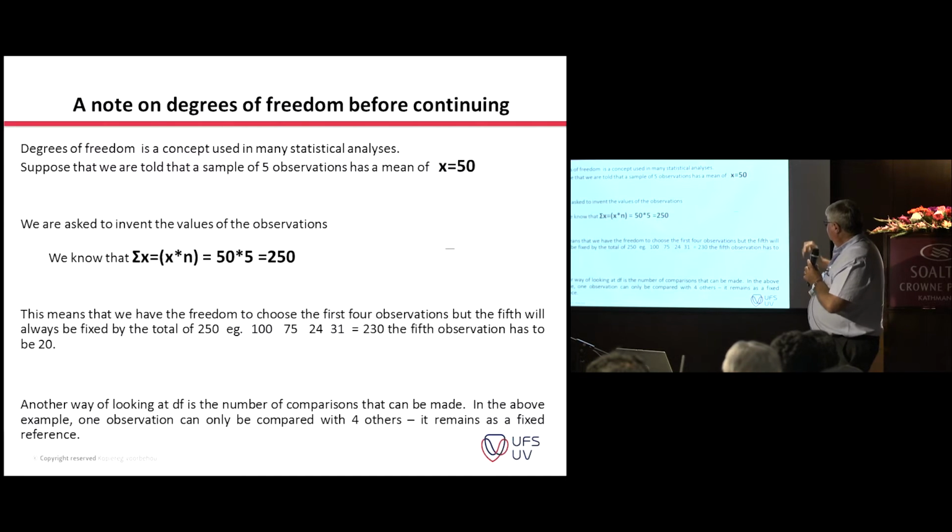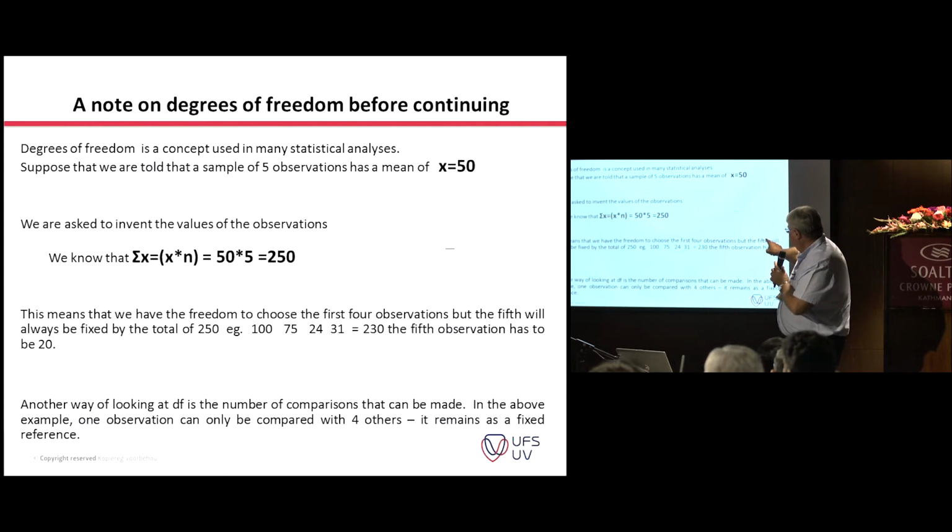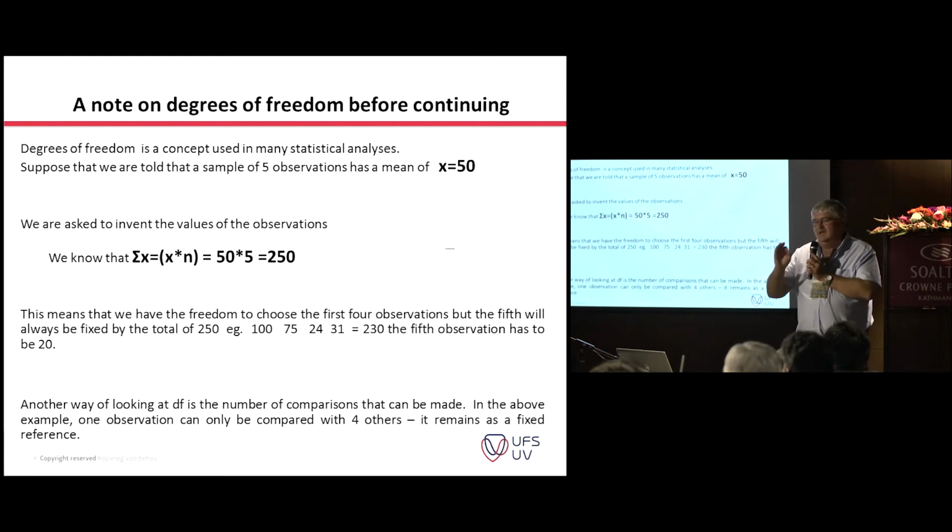So in other words, I need to get to 50. We know that if I multiply 50 times 5, the total of those observations was 250. I can now choose any number of numbers, or I can choose 4 numbers. The 5th number is defined by the total. In other words, if I take numbers 100, 75, 24, 31, add them all together, I'll get to 230. The last number has to be 20.